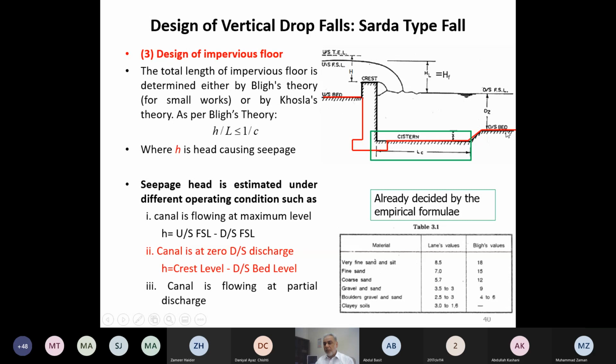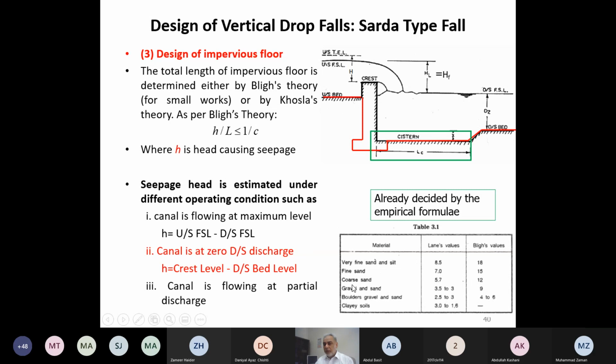So at the exit point जहाँ पे इससे निकलना है, this head causing seepage gradient should be less than or equal to 1 over C, where C is the Bligh's coefficient. और ब्लाइ का कोएफिशिएंट हमने उधर जब बिराज के सबसरफेस फ्लो वगैरह पढ़ रहे थे, फॉर डिफरेंट मटेरियल, ये चैप्टर 3 इकबाल अली से मैंने लिए ये टेबल। For different material required C value is given.